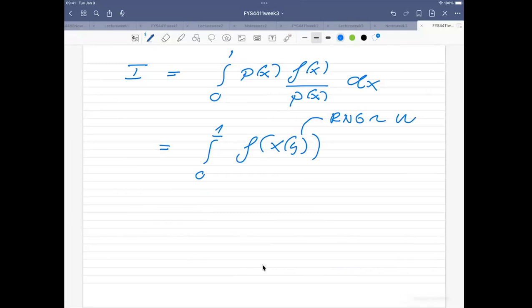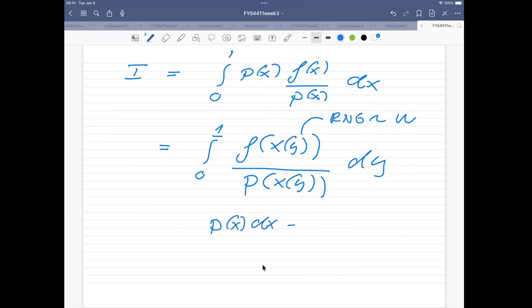Often, if you see this letter u here, that is meant to refer to the uniform distribution. And then we have this probability distribution which follows the function given by this variable x, but we need to make a mapping from x to y, and our final integral is this one. So we actually used that p of x dx is equal to dy.